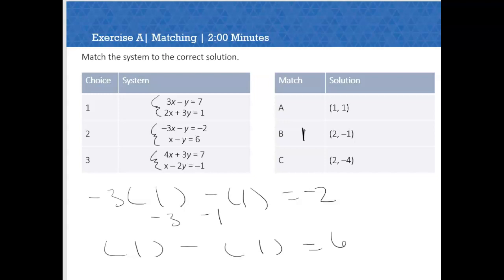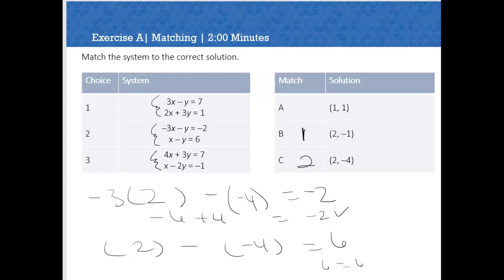Negative 3 minus 1 is going to be negative 4. So nope, that's not going to work. So let's plug in 2, negative 4. So negative 6 plus 4 is negative 2. Then 2 plus 4 is 6. So 2, negative 4 is a solution for system 2.